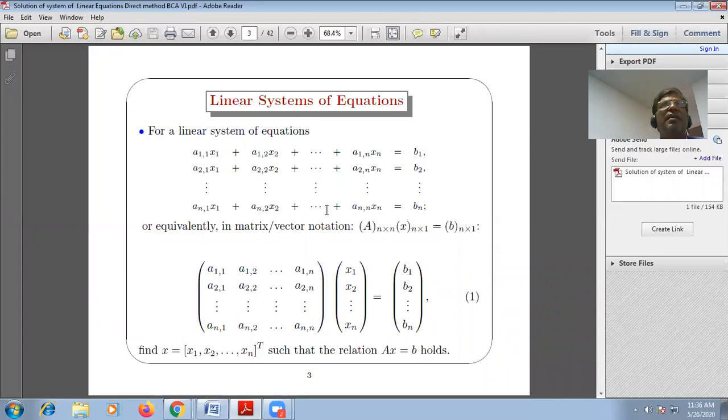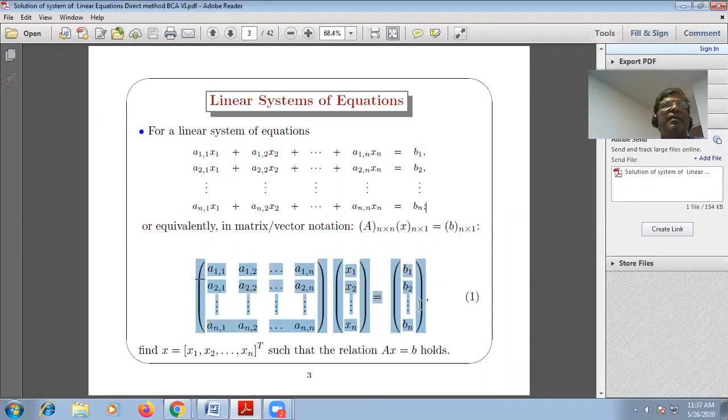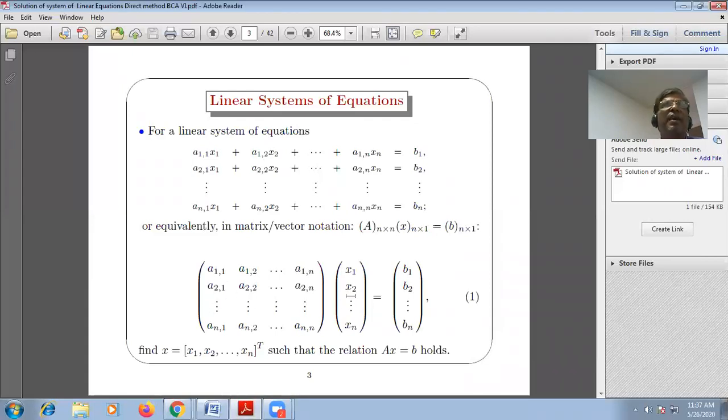And you know well, with the help of equations, you can form three matrices: one for the constants, another for the variables, and the third as a whole, which can be written in matrix form like this. When these two matrices are multiplied, we can find these equations by matrix multiplication.